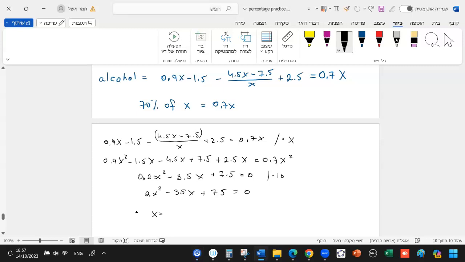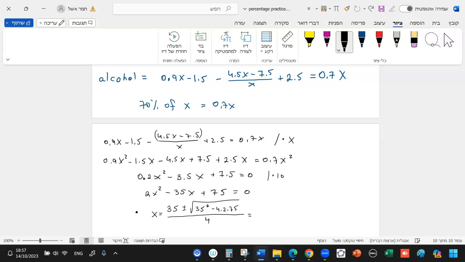and x equals, using the roots formula, it's just 35 plus minus the root of 35 squared minus 4 times 2 times 75 over 2a, which is 4.